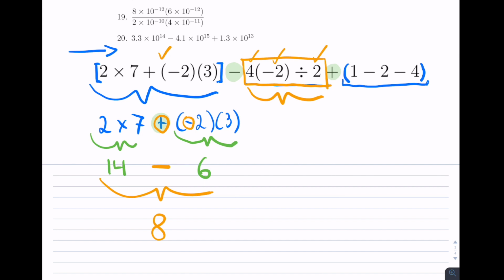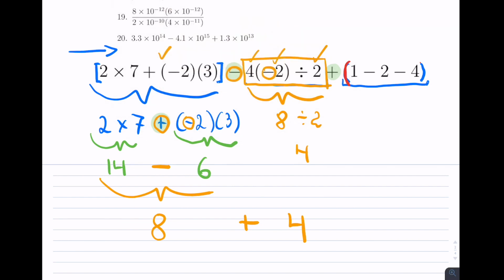I'll worry about the sign after. 4 times 2 is 8. 8 divided by 2 is 4. And now my sign, notice I have a subtraction, a negative. So negative, negative, so that becomes positive 4.